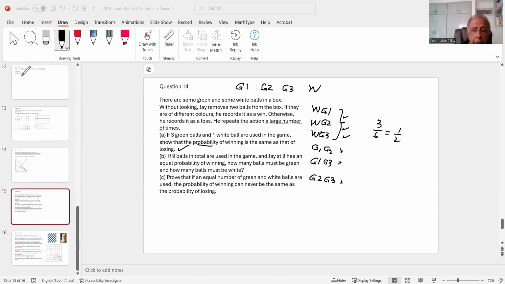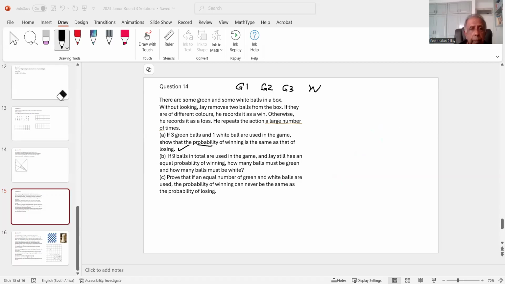Now he says even if 9 balls, you got equal probability, but how many balls must be green and how many balls must be white? Now that's a very interesting question. How do we solve that problem? Okay. So I'm going to take this thing out. Now this time I'm drawing 2 from 9.